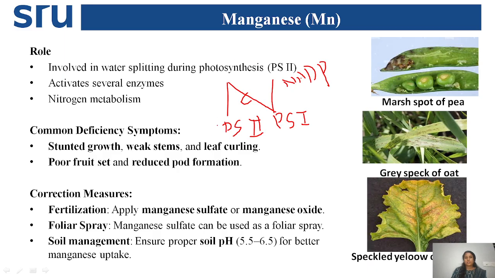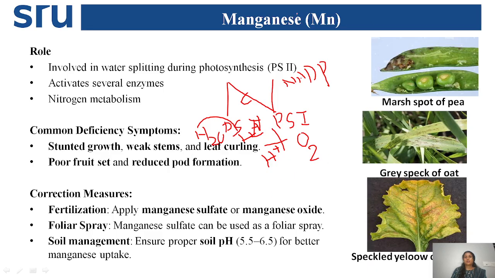In photosystem 2, water will split into H plus molecules and oxygen. This water splitting is known as photolysis, and it is done by manganese.